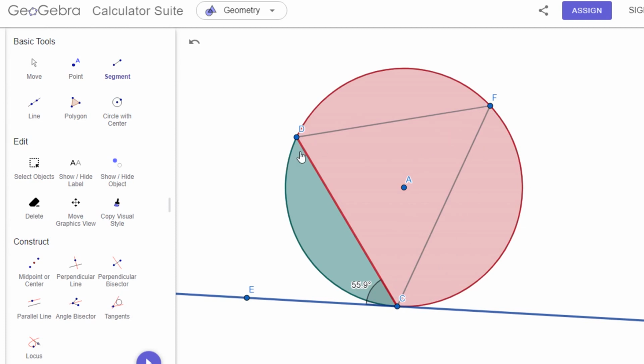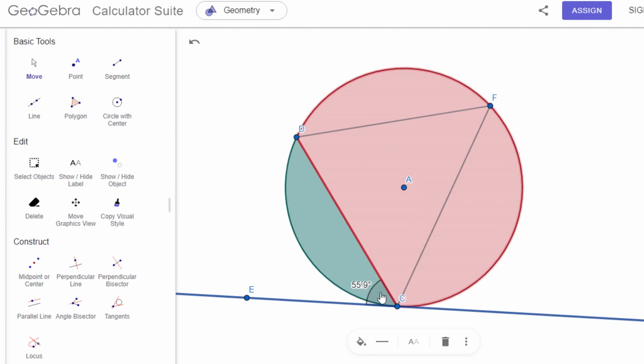So as you can see, this chord right here, this red line, is forming an angle there at F. So that's what it means. So this angle here is equal to that angle subtended by the chord in the alternate segment. So as you can see, the alternate segment to this angle that is here is this segment that is in a red color or in a red fill.